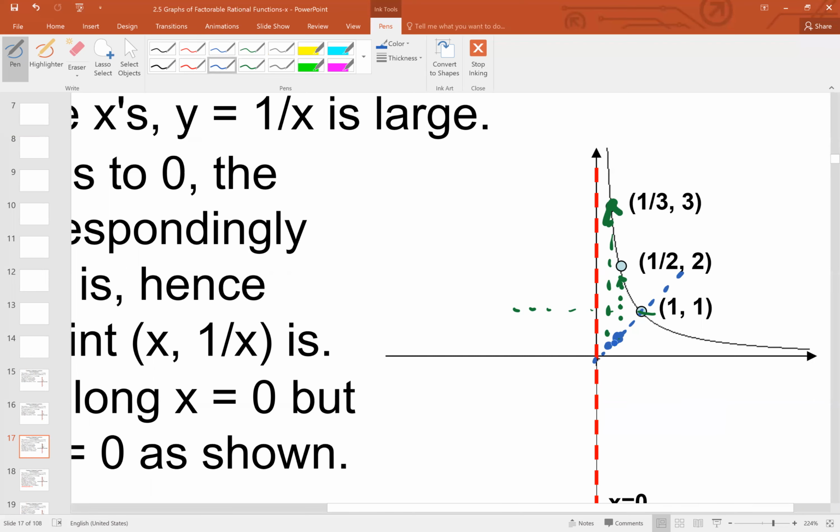So as x comes to 0, the curve shoots up.